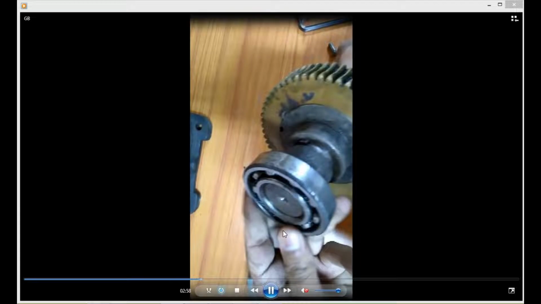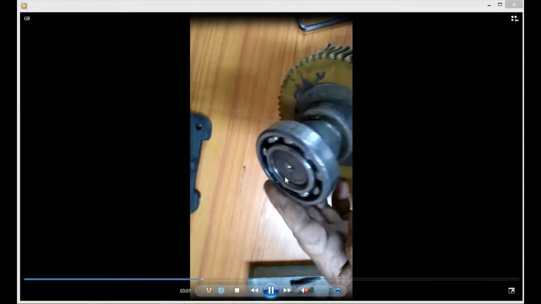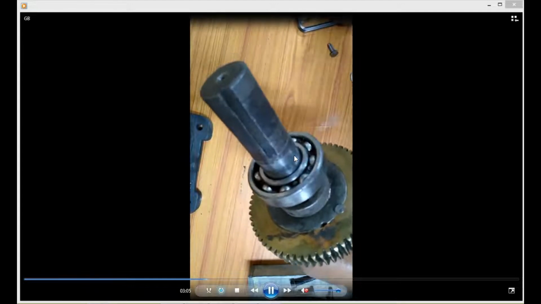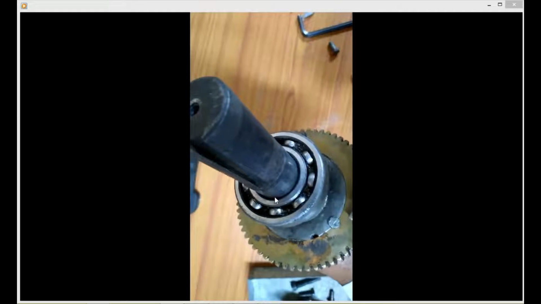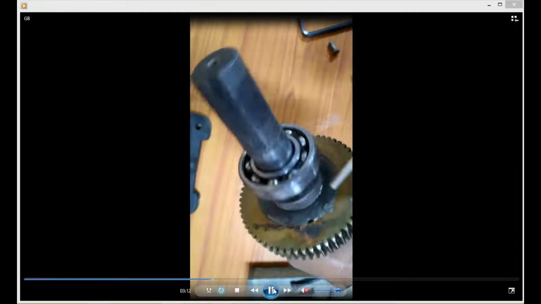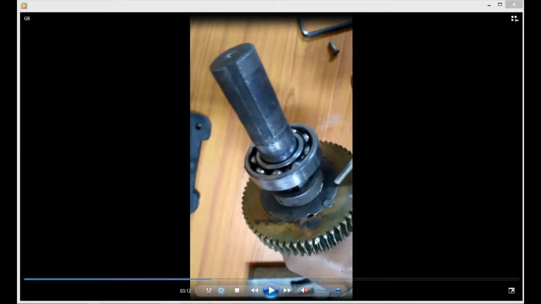Then how to remove this bearing? Bearing 1 is present on this side, and bearing 2 is present on the other side. So how to remove this bearing? By using the bearing puller. Here, see this: the material of this worm wheel is brass, and the material of the shaft is steel, right?